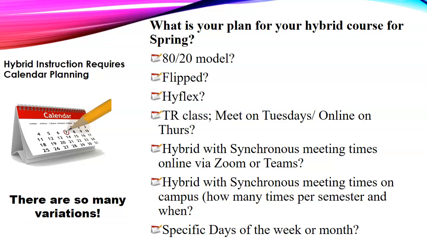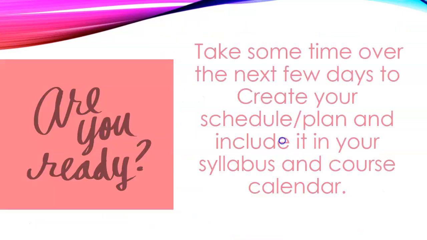Do you want your hybrid course to be synchronous meeting times on campus? And if so, how many times per semester and when? Do you want your hybrid class to have specific days of the week or month? These are all considerations because there are so many variations to a hybrid course.